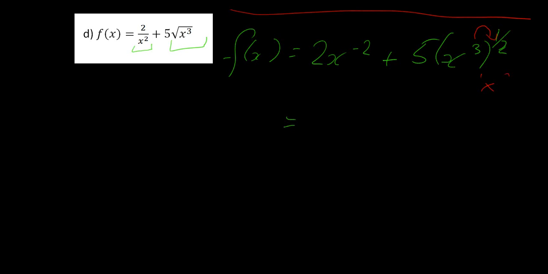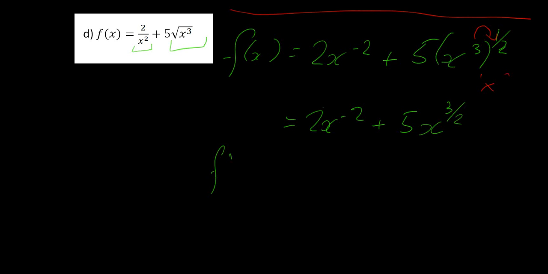It's just like distributing your term on the outside whenever you want to expand your brackets. So what we're going to do here is we're just going to replicate this 2x to the power of negative 2. This 5 over here is going to be x to the power of 3 times half. So we have 3 on 2.